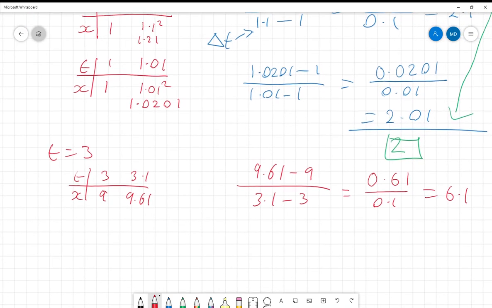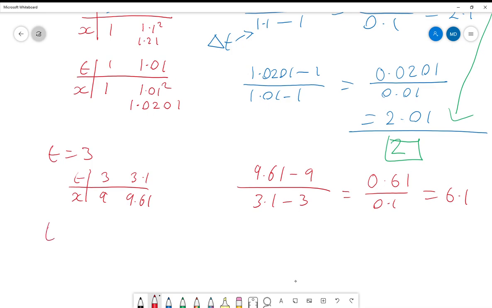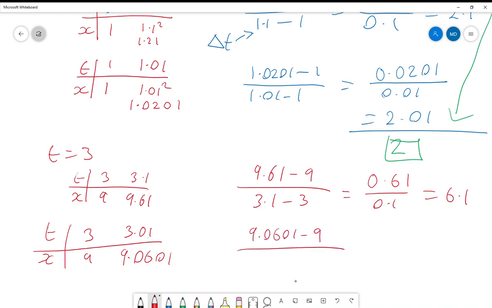And then we go, well, actually, we want to be a bit closer. Let's be more precise. We're still looking at t equals 3. Let's go from 3, and obviously 3 squared is still 9, to 3.01, much closer to that actual 3 that we care about. From that, we get 9.0601. Plugging that in, we get 9.0601 subtract 9, that's the change in our distance, change in x, divided by our change in t, which is 3.01 subtract 3, the change between these 2 points.